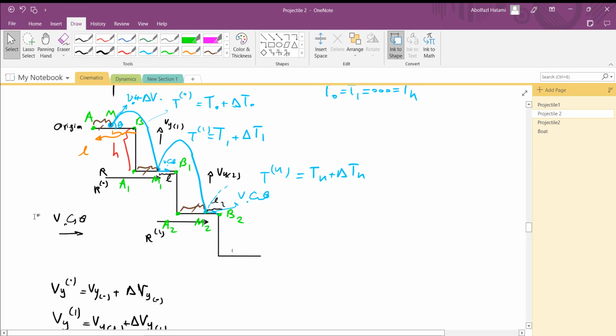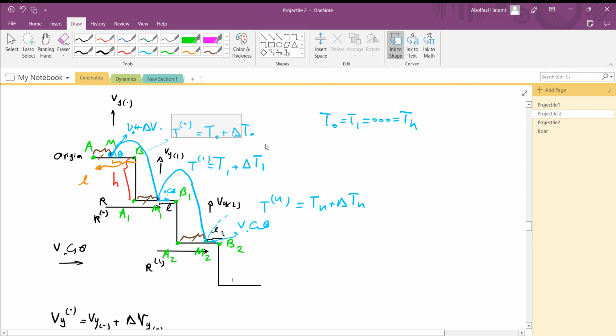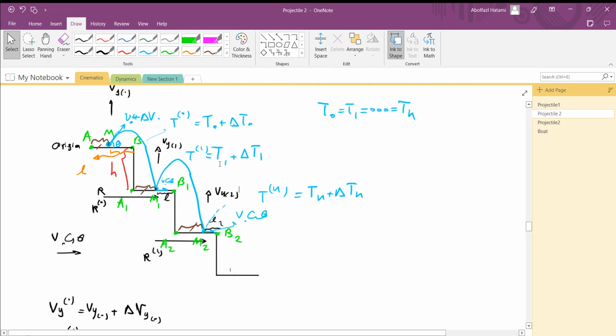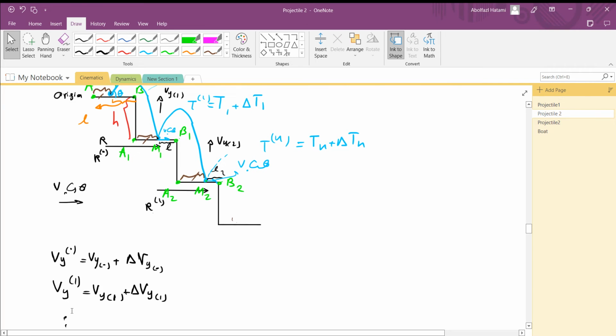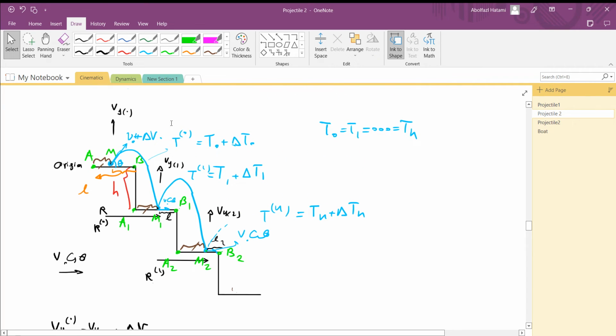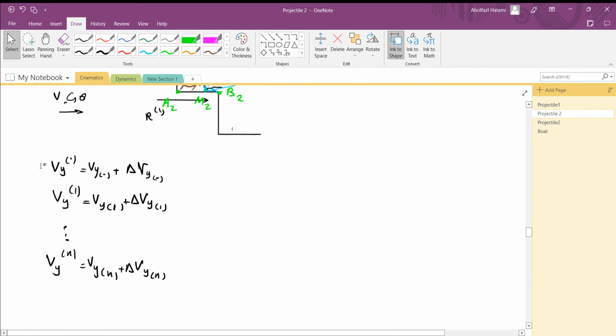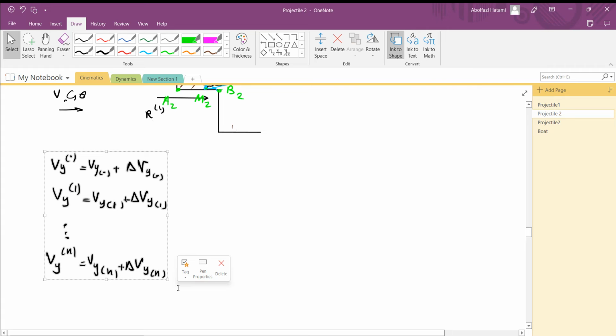If we want to study how our r's are going to change, because we know the velocity in the x direction, we should study how our t's are going to change. And because the t's are functions of our vy's, for studying how the t's are going to change, we should understand how our vy's are going to change.